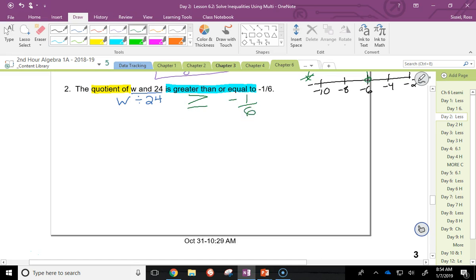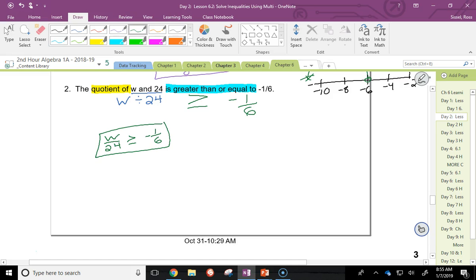We write this in words. I'm going to write this as a fraction. W over 24. There's our translation. 1 point.